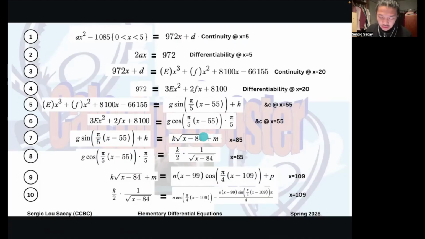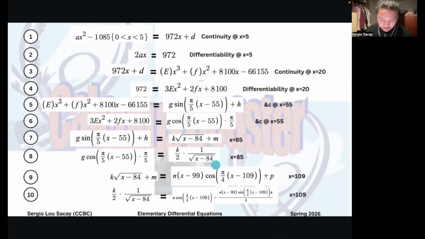So we can bring down the power 1/2. And then, as we did before, minus 1, take the power minus 1. 1/2 minus 1 is negative 1/2. The negative indicates it's in the denominator, and then the 1/2 is just the same square root. And then we have x minus 84. Okay.